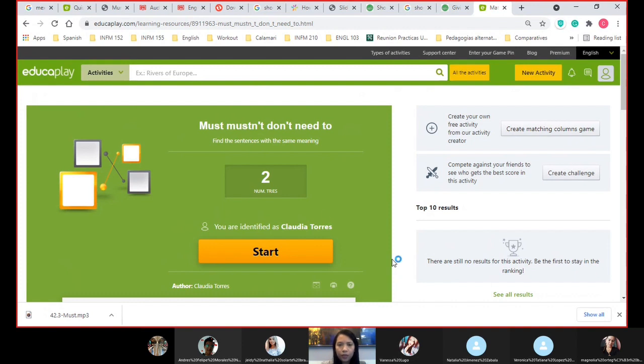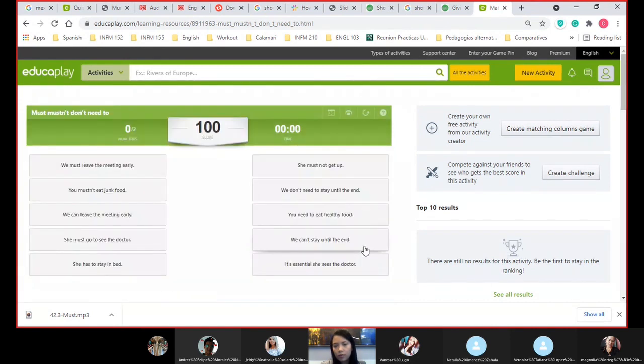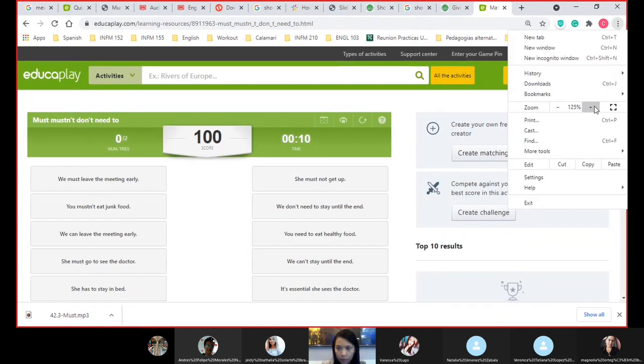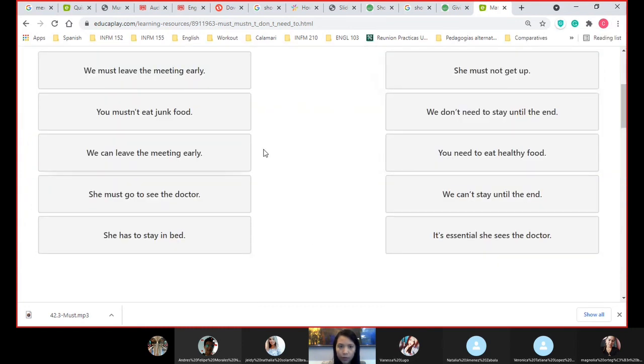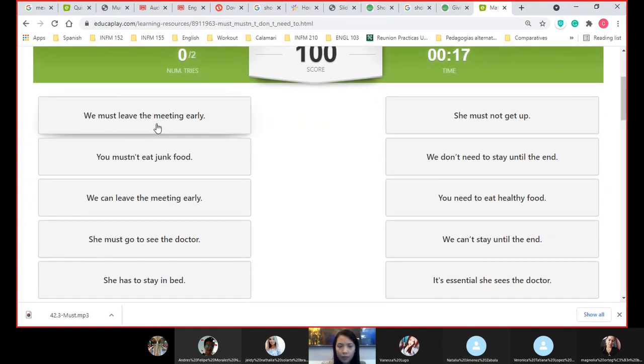So here you have to press a button, the start button, right? And you have two columns. You have to match the columns. So for example here, we must leave the meeting early.